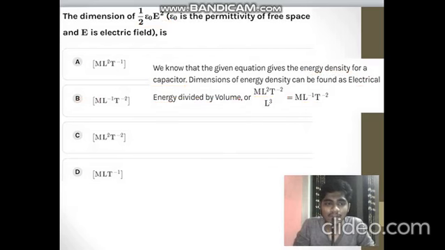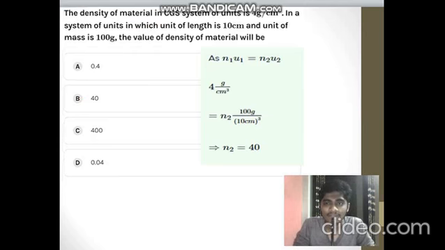Now talking about the next one. The density of material in CGS system of units is 4 gram per centimeter cube. In a system of units in which unit of length is 10 centimeters and unit of mass is 100 grams, the value of density of material will be? So we know this general formula, N1U1 = N2U2.